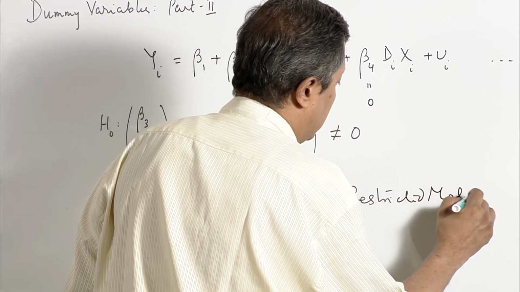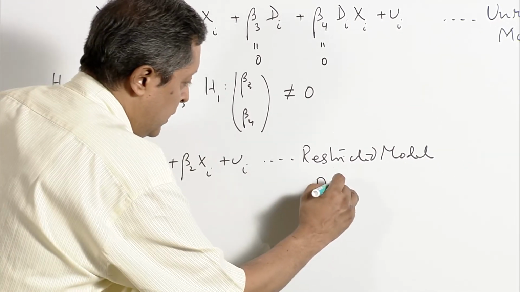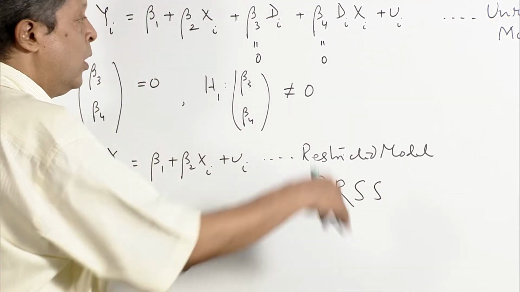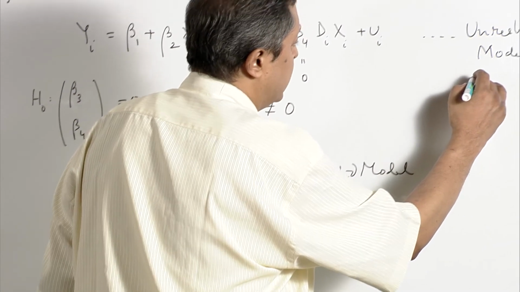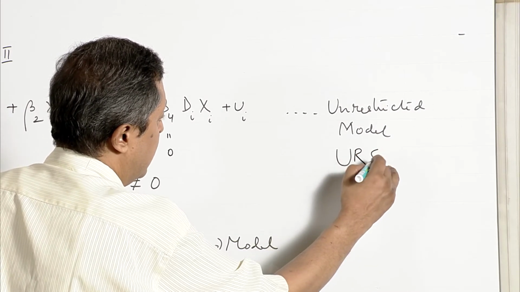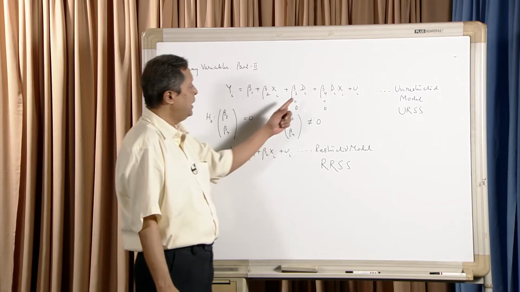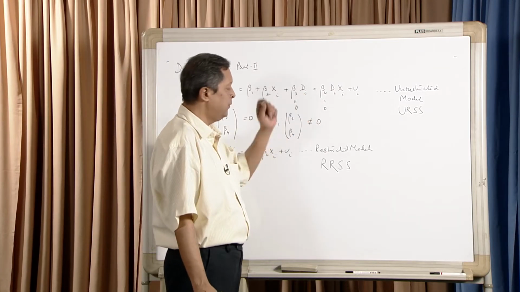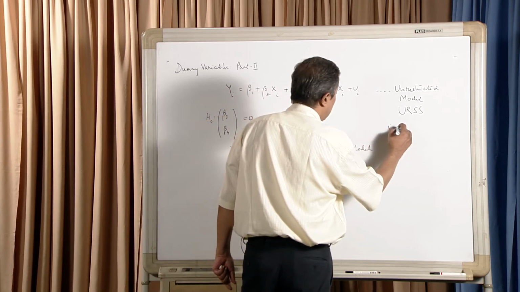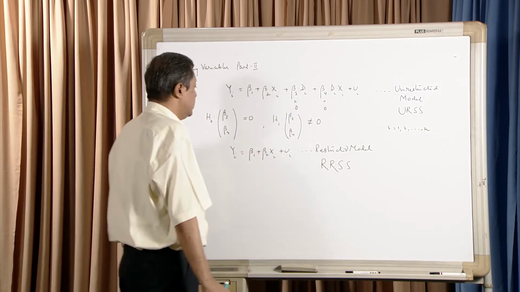From the restricted model, we calculate the restricted residual sum of squares. From the unrestricted model, we calculate the unrestricted residual sum of squares. And how many restrictions do we have? We have two restrictions, beta 3, beta 4 equal to 0, and i runs from 1 up to n. So, there are n observations in totality.